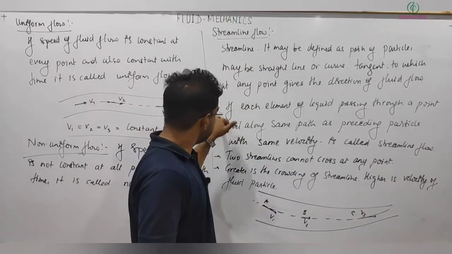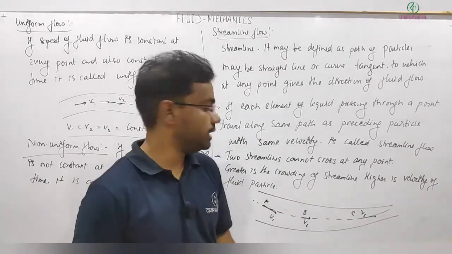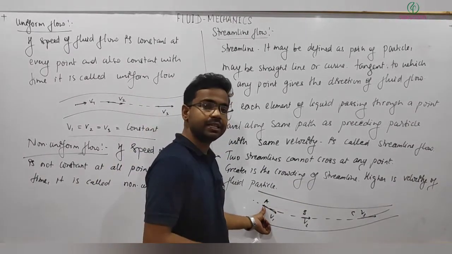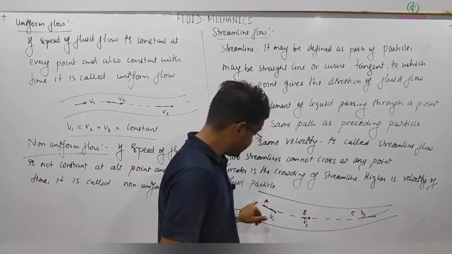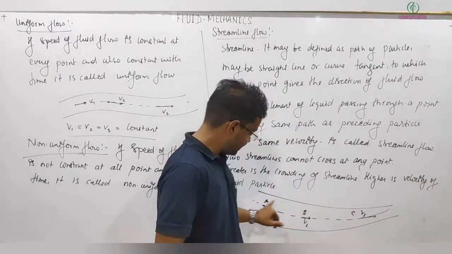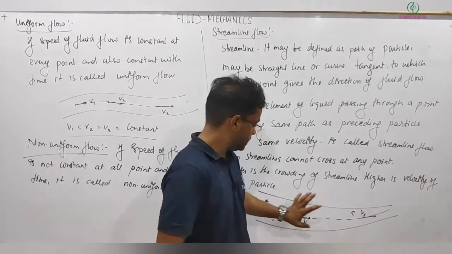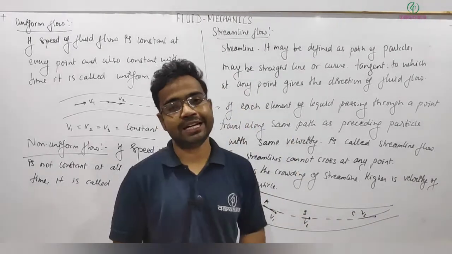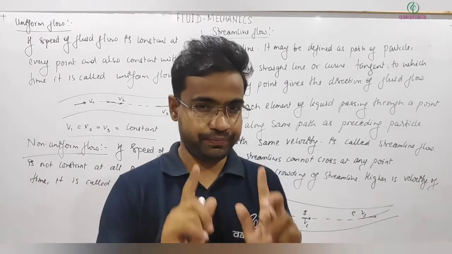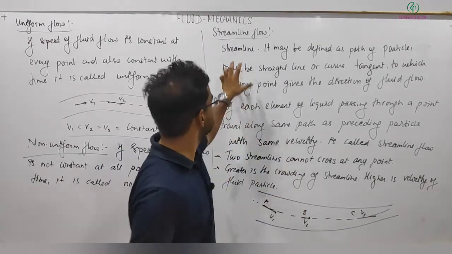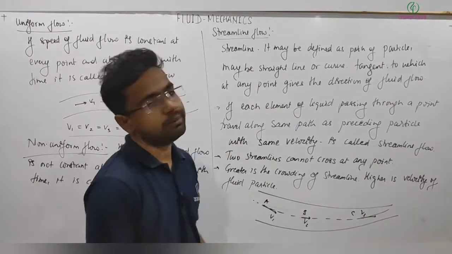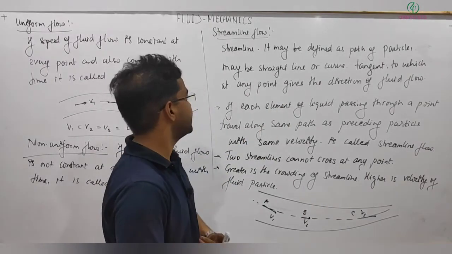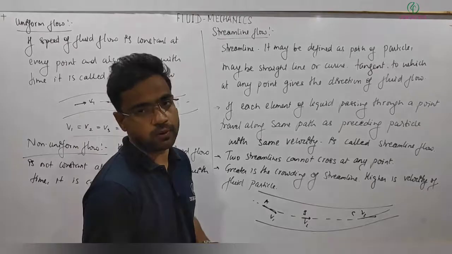And if each element of liquid passing through, let's say this point, is following exactly the same path as the preceding particle with the same velocity at every point, the fluid flow will be termed as streamline flow. Let me tell you, a streamline may be defined as the path of the particle, maybe a straight line or curve, and the tangent to it at any point gives the direction of the fluid flow.